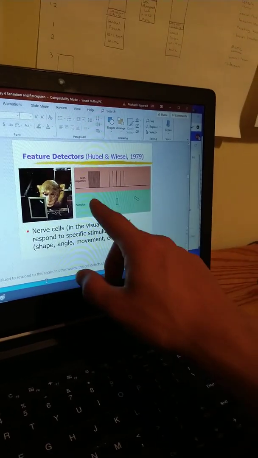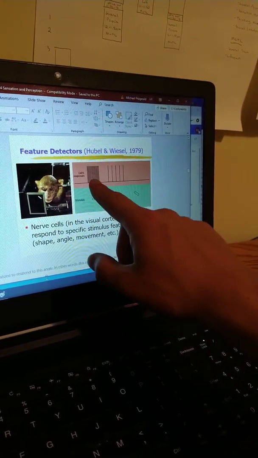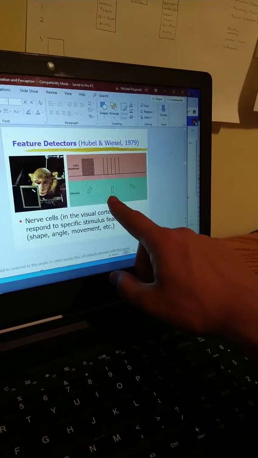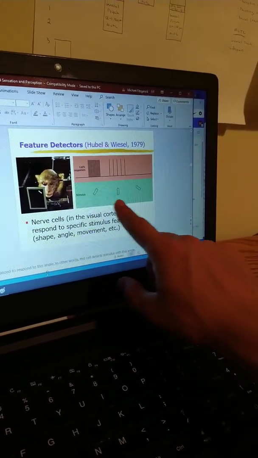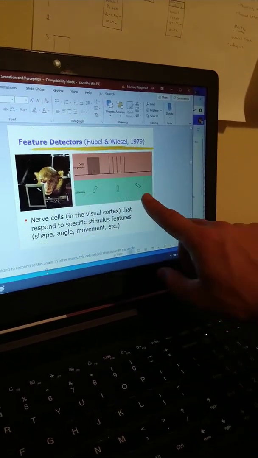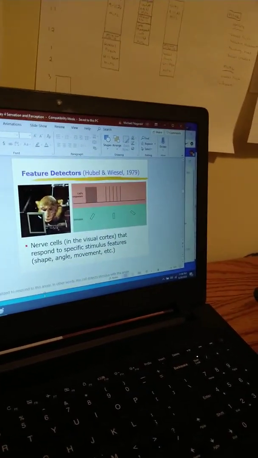As you can see, when it's at one orientation, the cell fires very rapidly. You change the orientation just a little bit, and then it starts to slow down. Change the orientation more, then the cell doesn't fire anymore.